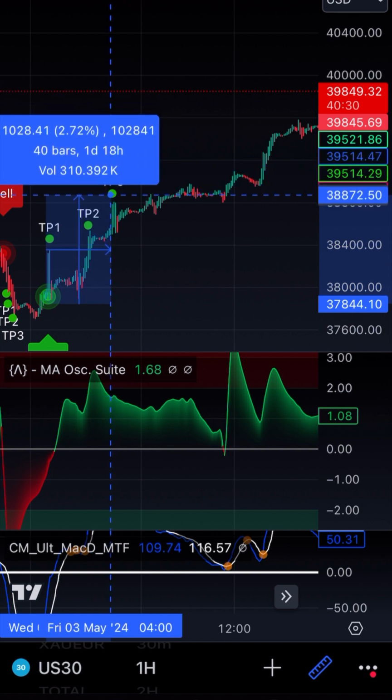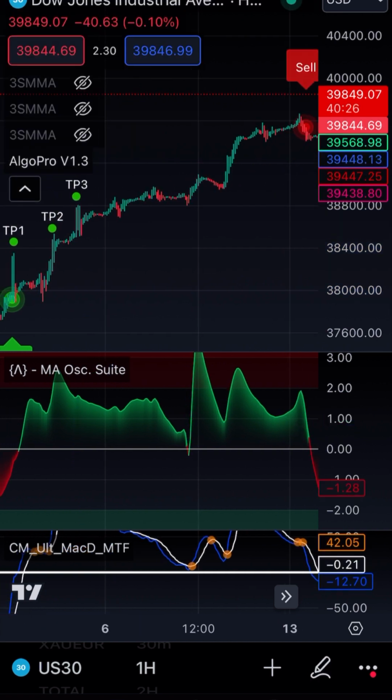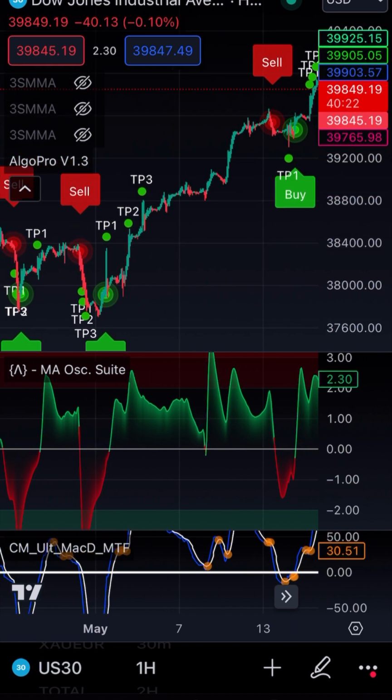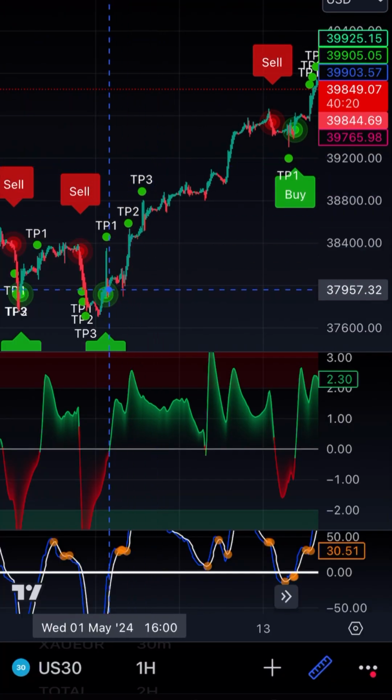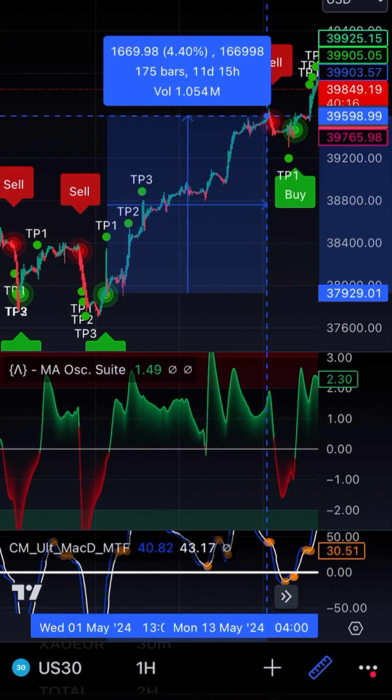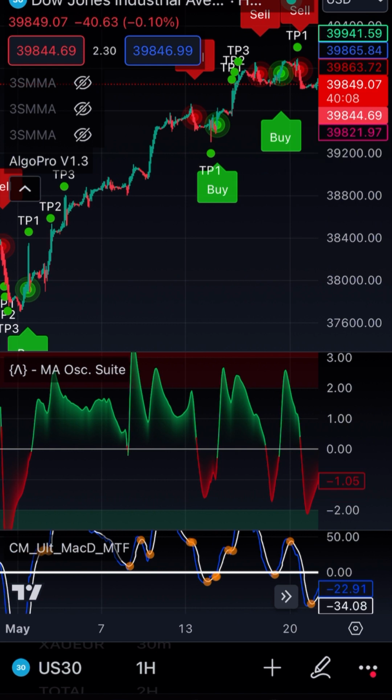And we got about $1,000 for the third take profit. And then you could ride it all the way up. There's no other take profits, but let's just ride it all the way up from here to the top. This is 11 days, and you would have made close to $1,669.